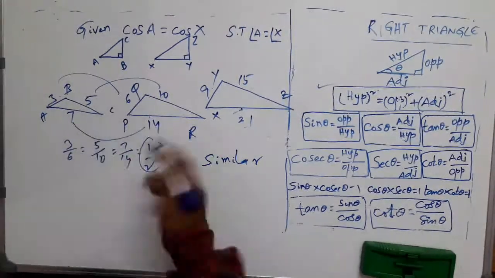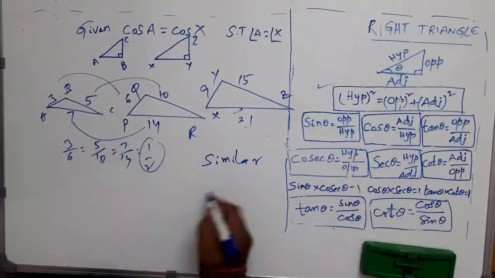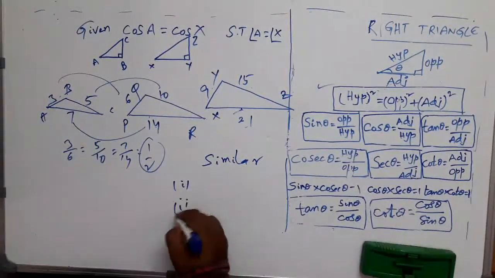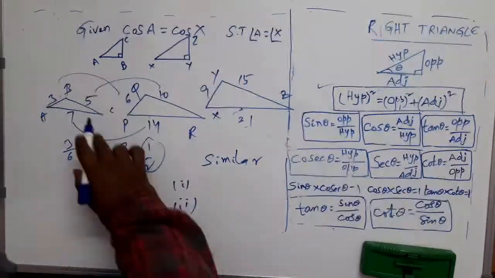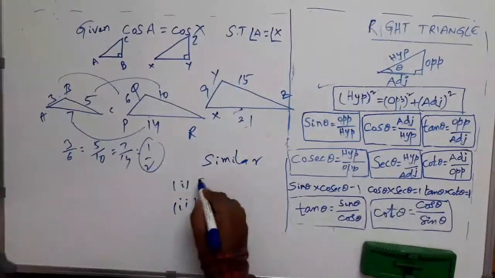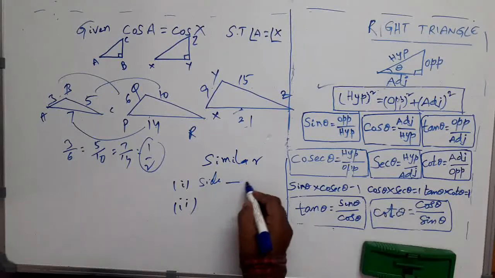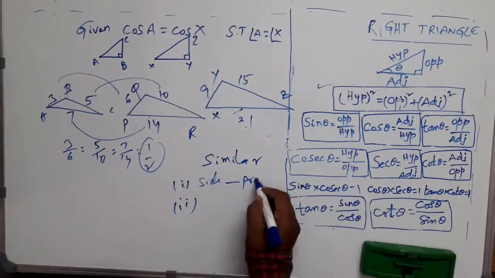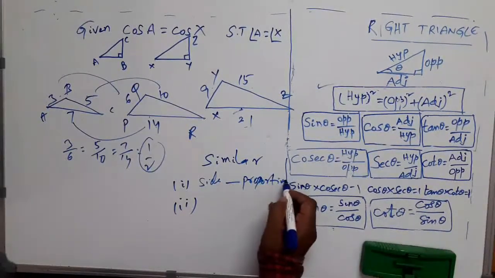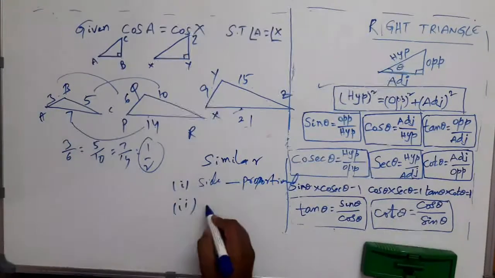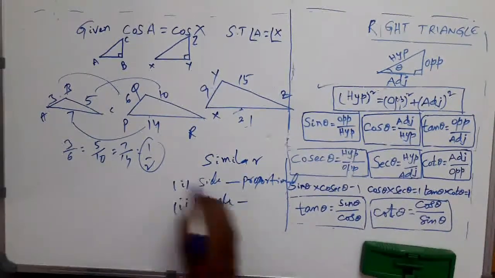If two triangles are similar triangles, we can observe two points here. First point is sides are in the same proportion, or proportional. Angles, what about angles?